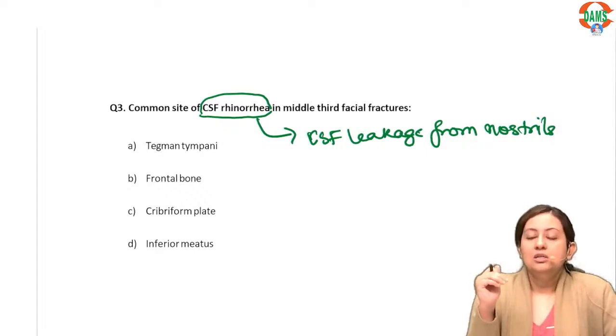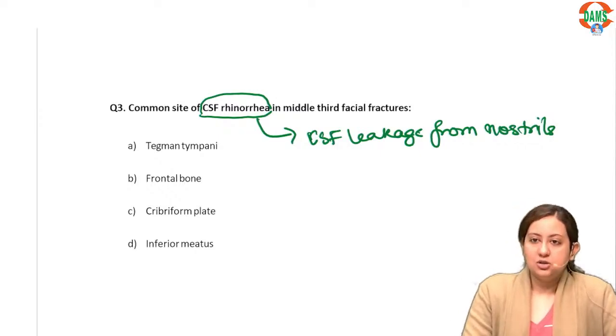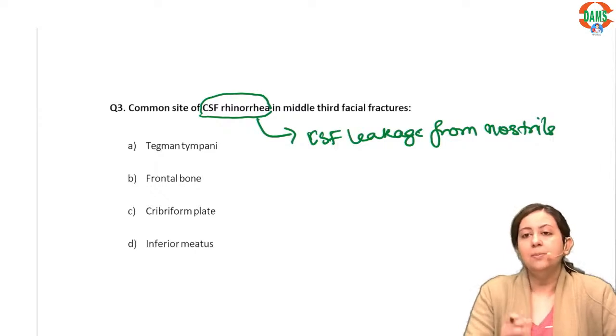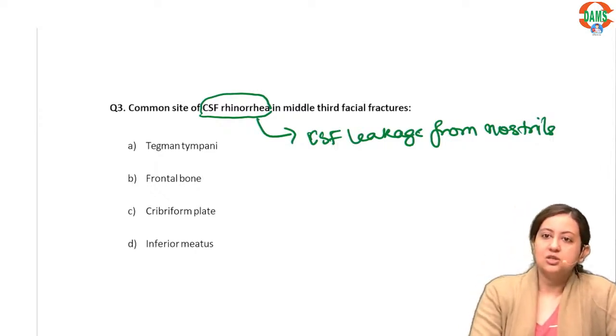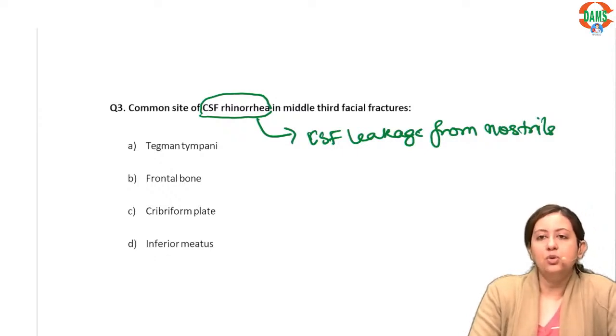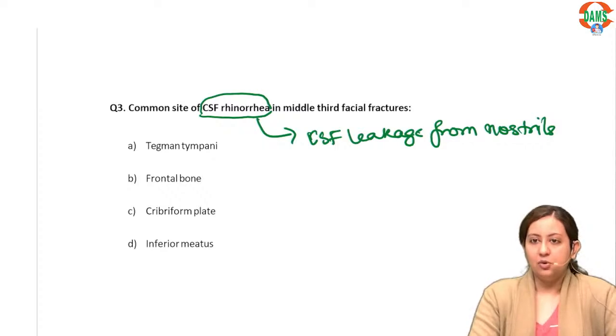As I've already told in the classes and in my recorded lectures also, CSF rhinorrhea is usually seen in middle third facial fractures. Your middle third facial fractures include Lefort 1, Lefort 2, Lefort 3, zygomatic complex fractures and your orbital floor fractures.